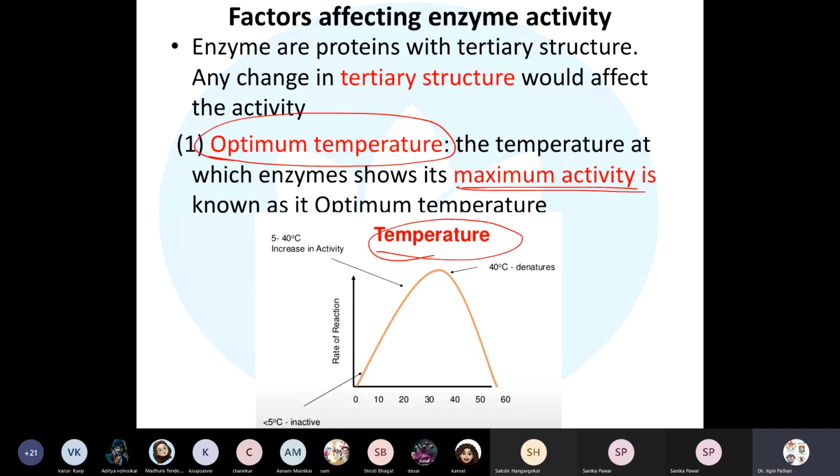This graph is important. Can we move to the next?